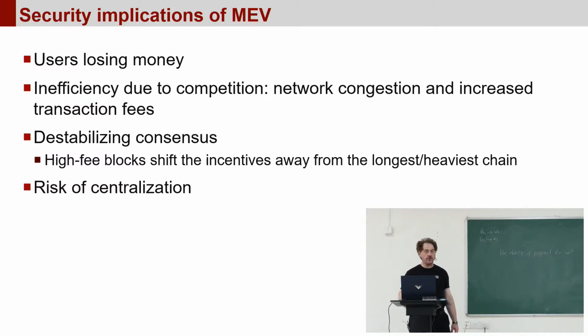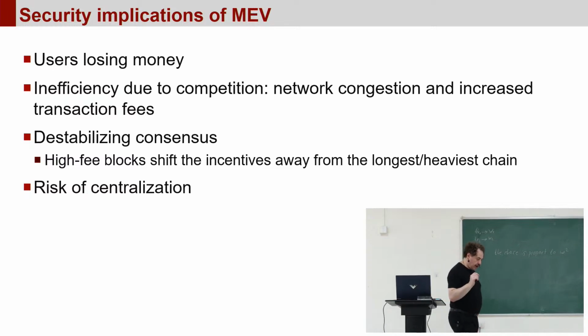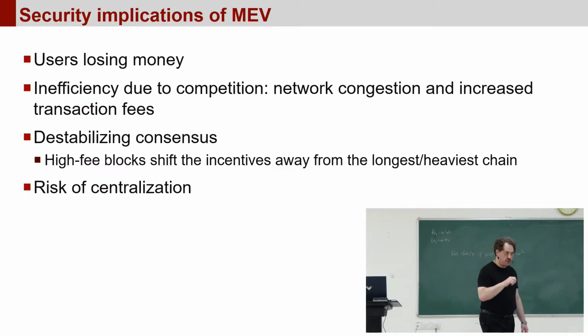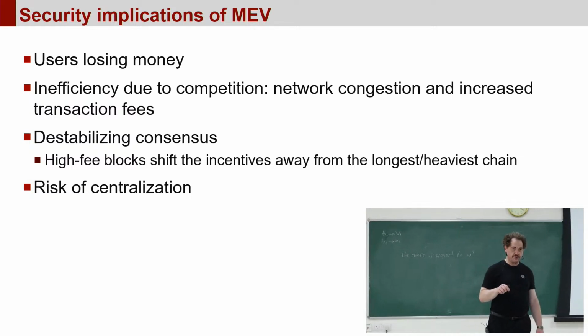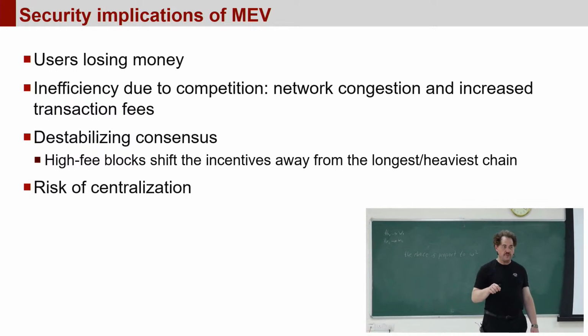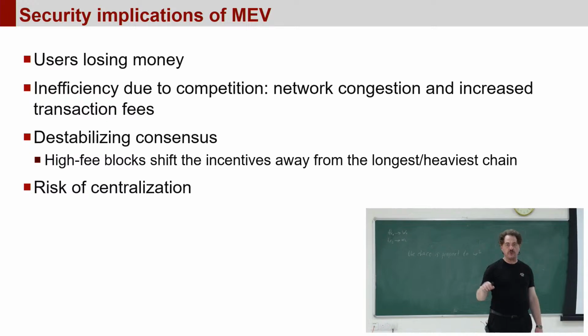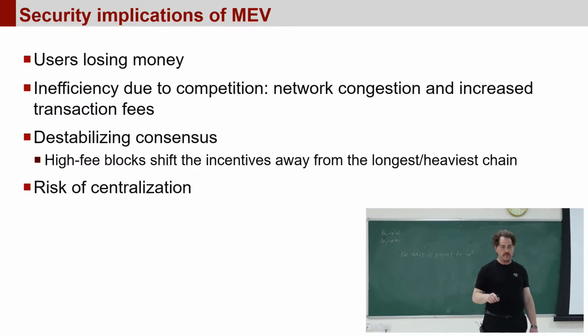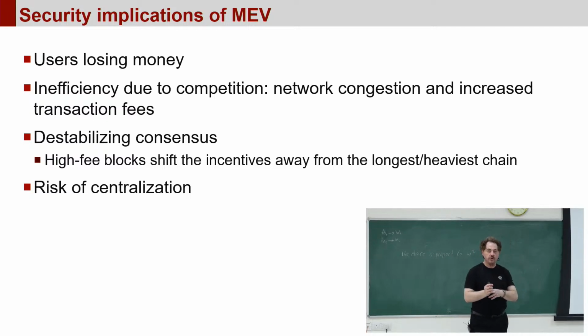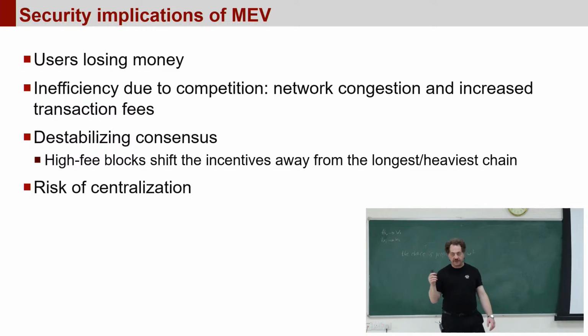But it's not the only problem. What happens is that now we have MEV searchers. An MEV searcher is a node which scans incoming transactions and looks for opportunities to exploit them. So now we have a lot of competition, not between the miners, but between MEV searchers. And that competition drives a lot of things up.